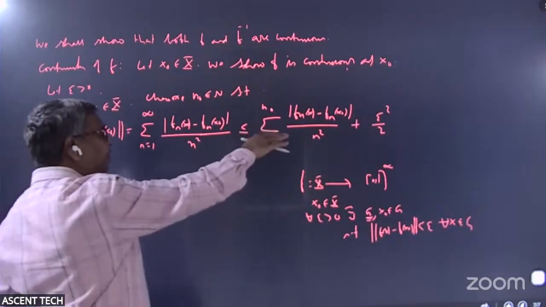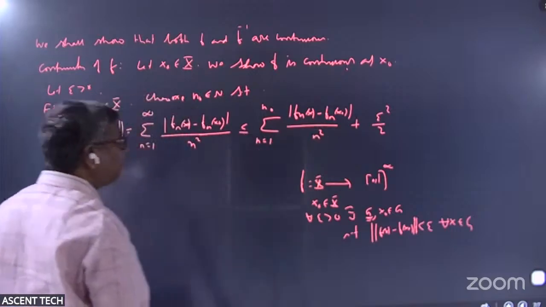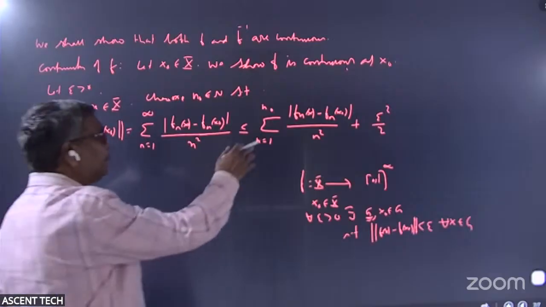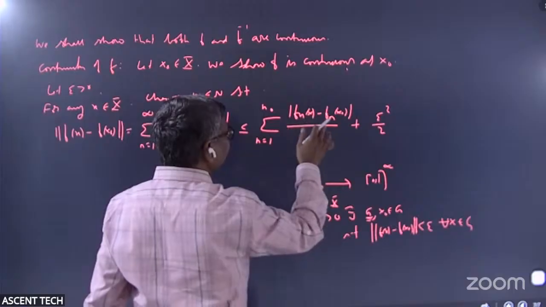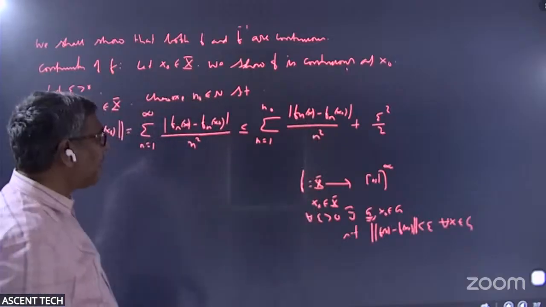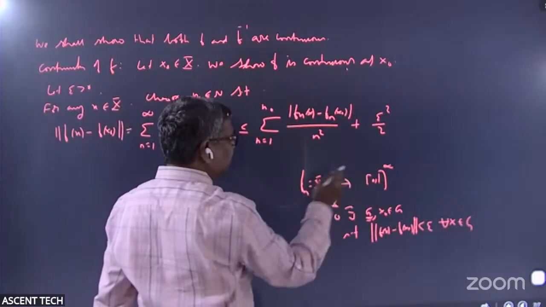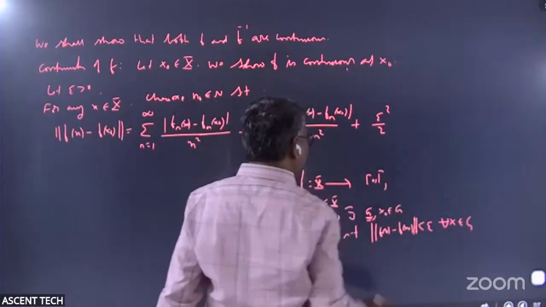But the first n naught functions, they're all continuous functions, and therefore I can make the difference between fn x and fn x naught small, because each of these fn is a continuous function from here to [0,1].